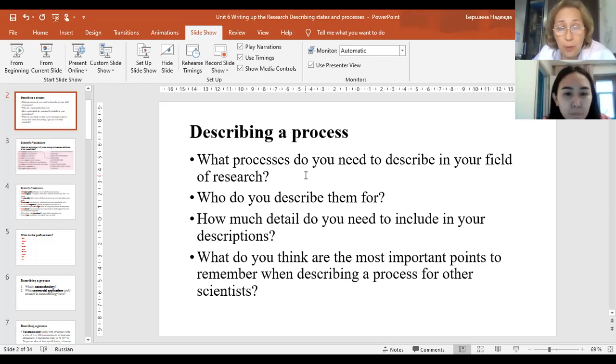So before the students can read your paper, it should be published somewhere. And it should be published in such a way that the other scientists can read it and understand, right? So the question is, how much detail do you need to include in your descriptions? Should the description be detailed or not?